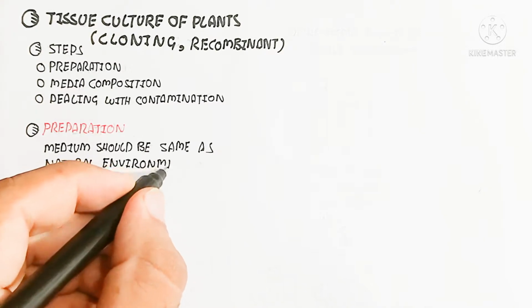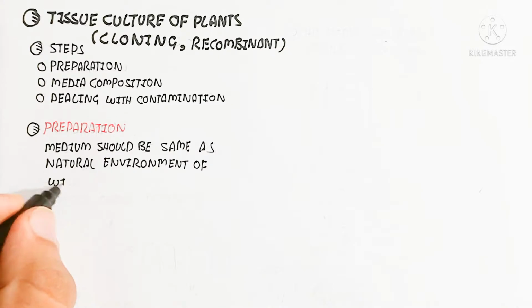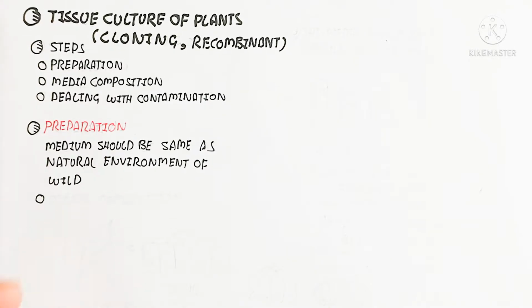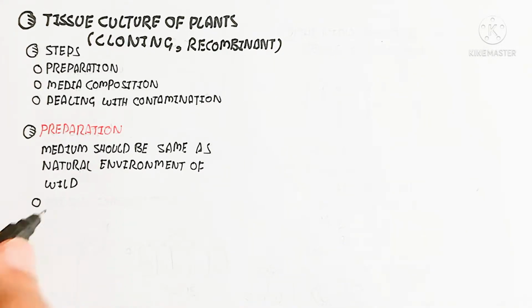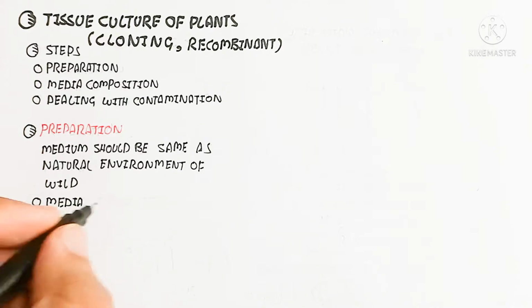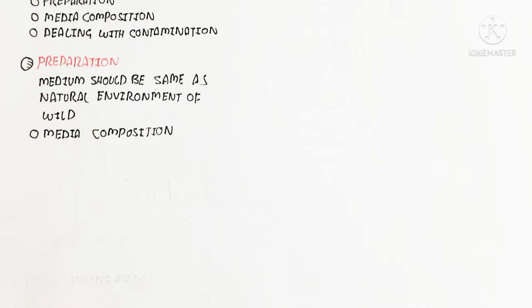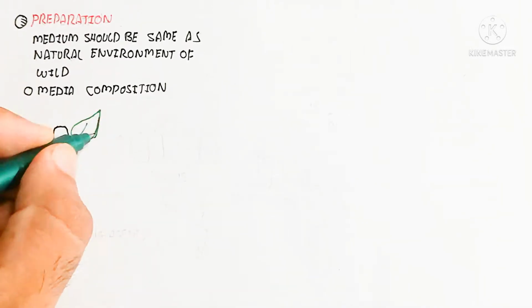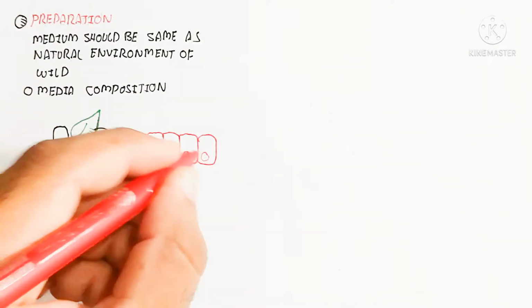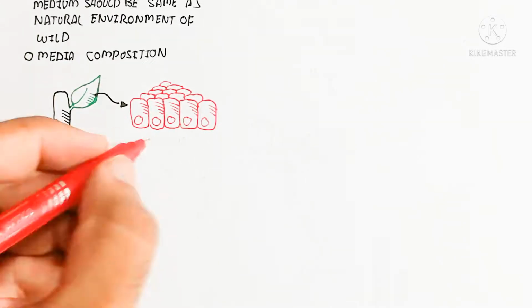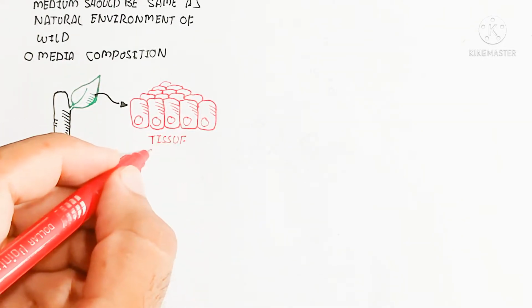The medium should be the same as the natural environment of the wild, but we are also checking the media composition. The media composition is not completely equal to the soil or the wild, but it is close to equal. Here is the plant species.